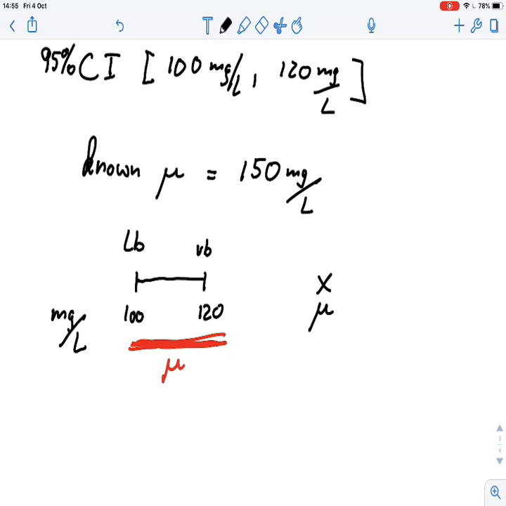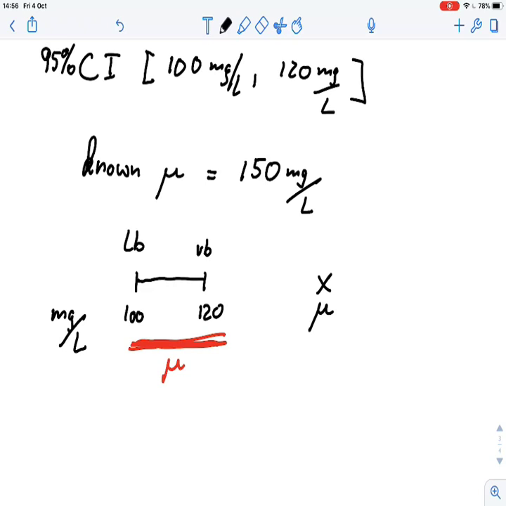5% of the time it could happen. Why? Because we are only 95% sure. In other words, if we took 100 samples, we would get 100 confidence intervals, right?